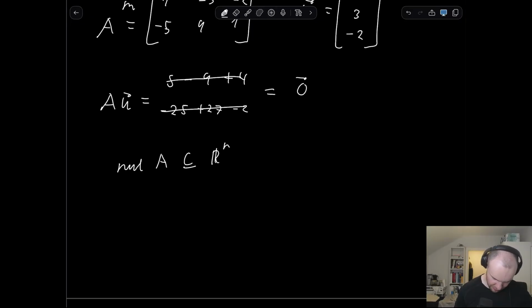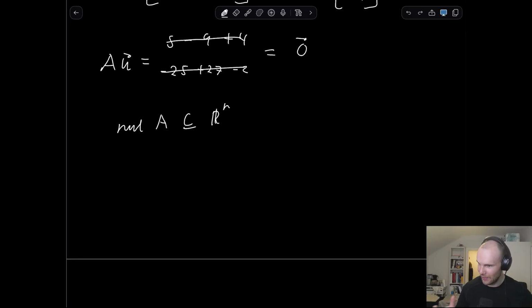And since 0 is in Null A, we can just pick any vectors in Null A, like u and v, and we can write that Au is equal to 0, and Av is equal to 0. And of course, 0 is in the null space.